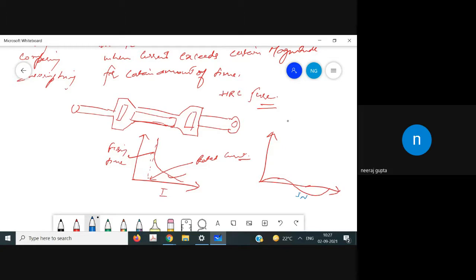Then this is the fault current, IF. Then I have to draw the instant of interruption also. At this point the fault current is interrupted. This is the instant of interruption.